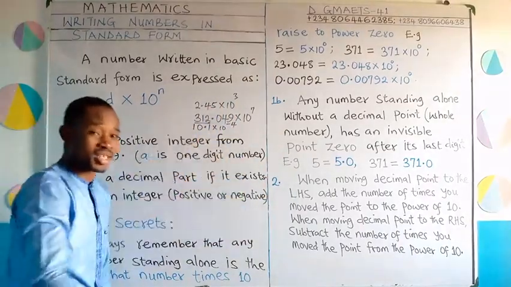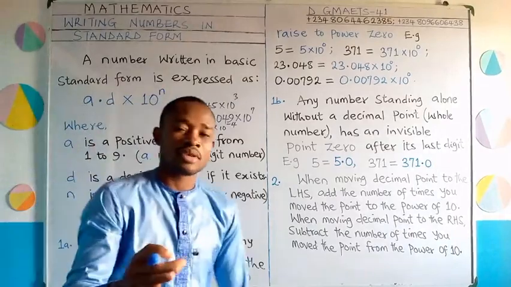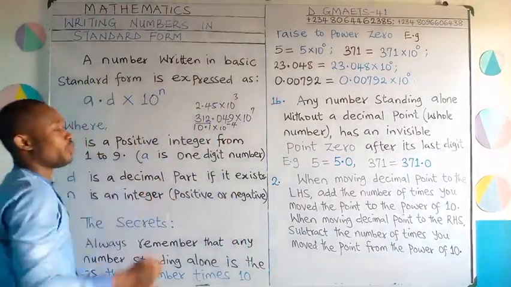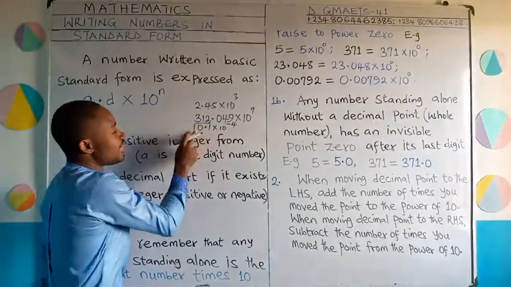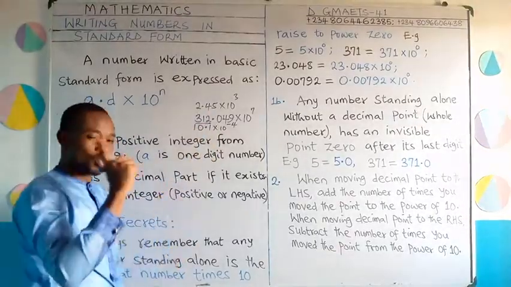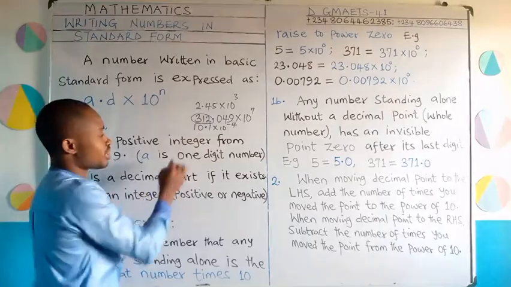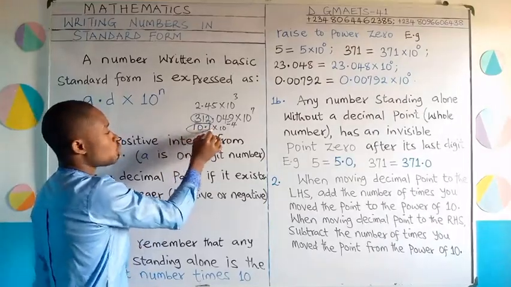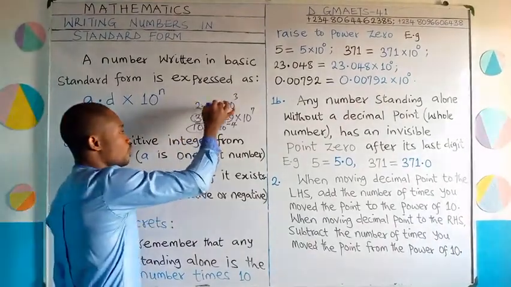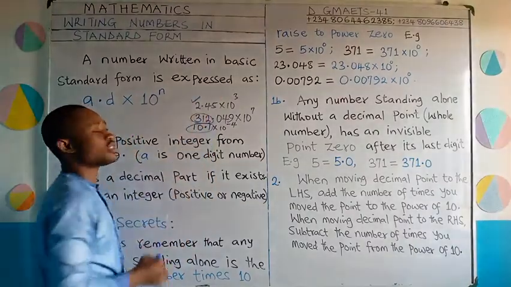This 10 raised to a given power actually makes a number to be in standard form. But when we talk about basic standard form, please take note. The whole number before the decimal point must be a 1-digit number, which means this is not in its basic standard form. This one, 10.1, is not in its basic standard form. But of course, this 2.45 is in its basic standard form.